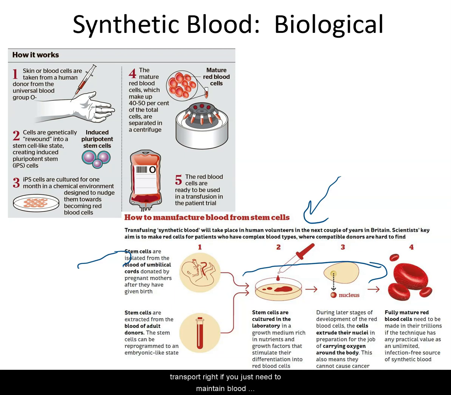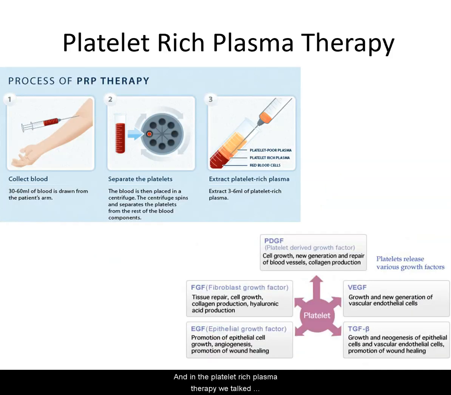You can do a plasma transfusion if you just need to maintain blood volume, but it's those red blood cells that transport the oxygen. So they're really trying to figure out a way to recreate those red cells so that the patient doesn't become hypoxic.